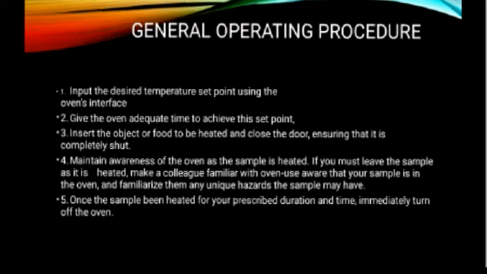If you must leave the sample as it is heated, make sure a colleague familiar with the oven is aware that your sample is in the oven, and familiarize them with any unique hazards the sample may have. Once the sample has been heated for your prescribed duration, immediately turn off the oven.